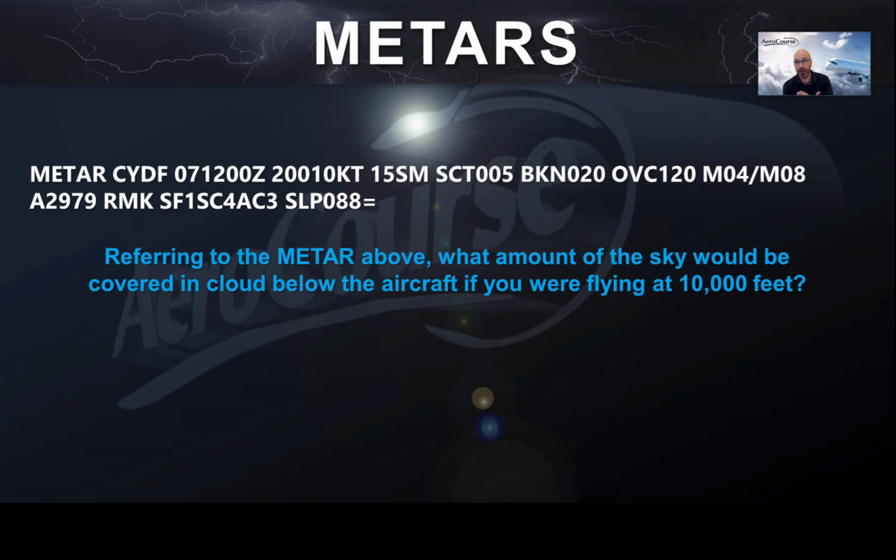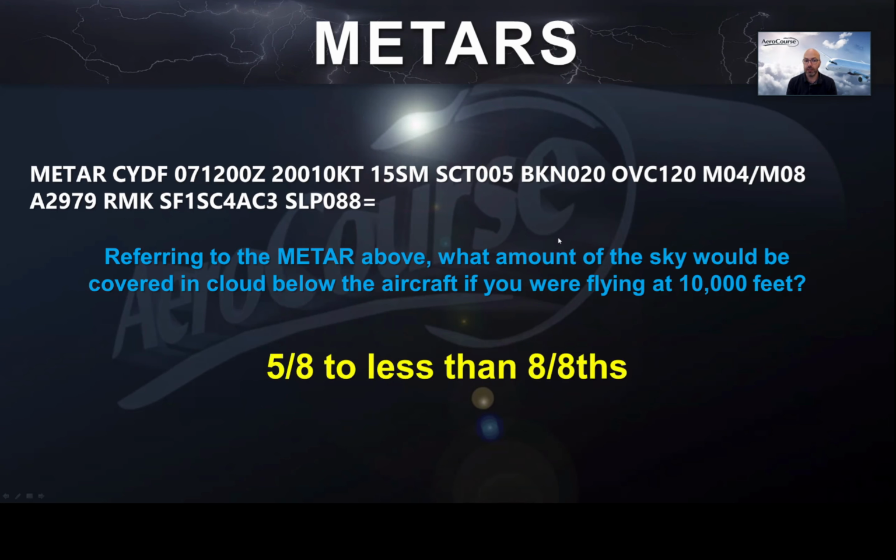So you know that by it being at least broken at 2,000, at least 5/8 of the sky is covered. Some look in the remarks section and say, oh, it is absolutely 5/8 because I got 1/8 of stratofractus, 4/8 stratocumulus, that's 5/8. That's a summation as well. It doesn't know what's hiding behind this first layer. So it could be 4, it could be 5, it could be 6, you don't know. So all you can say for sure is that it is at least 5/8. Okay, so don't look in the remarks section to answer this question, you'll get it wrong.